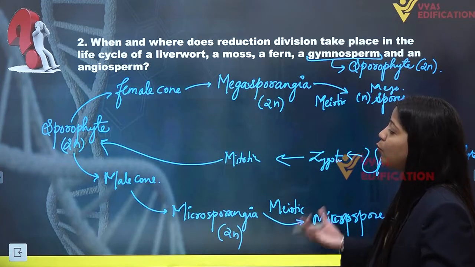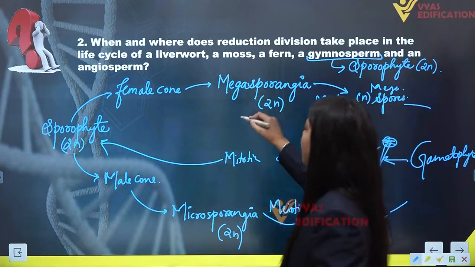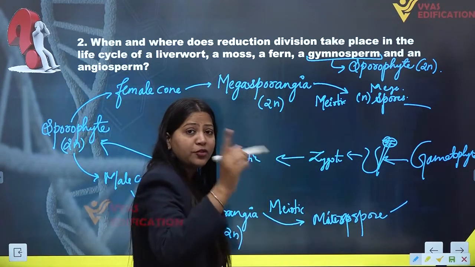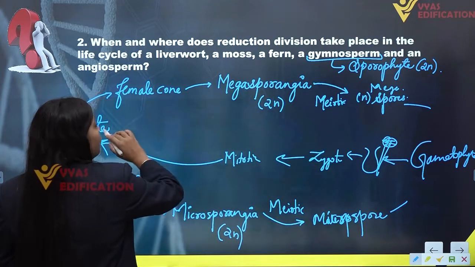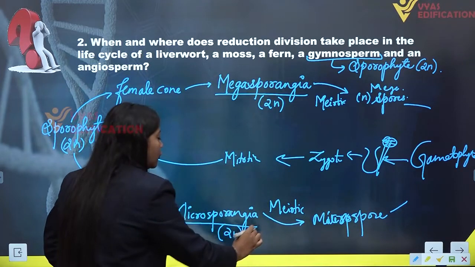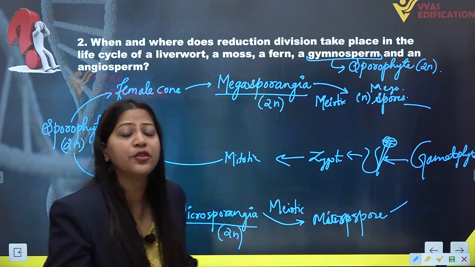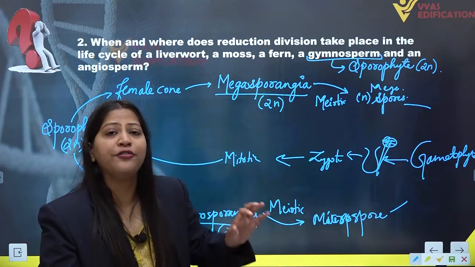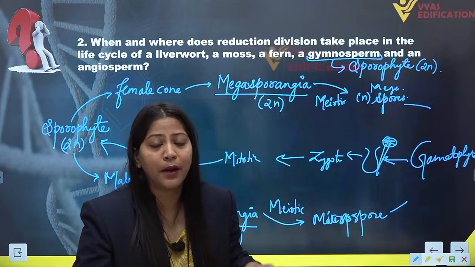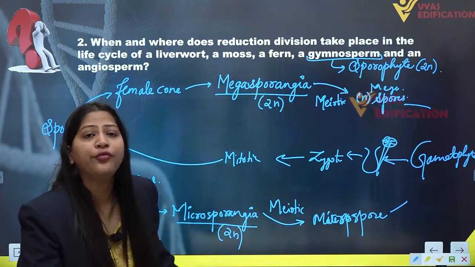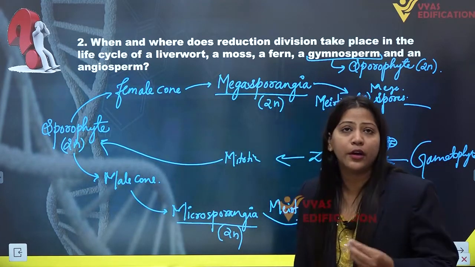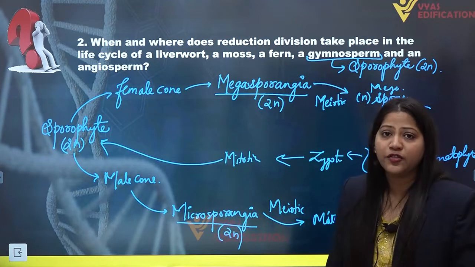It takes place in the megasporangia and microsporangia, which are part of the female and male cones present on the main dominant plant body, that is the sporophyte of a gymnosperm. So we have concluded when and where the reductional division takes place in gymnosperms.